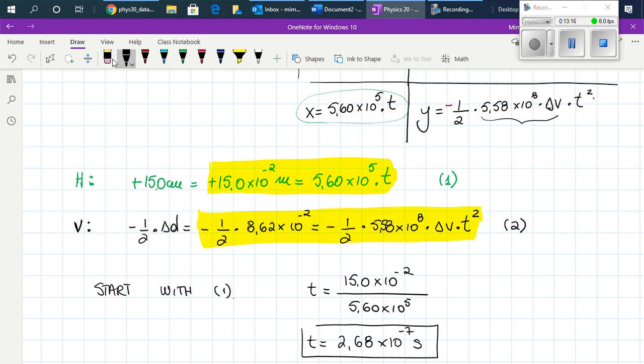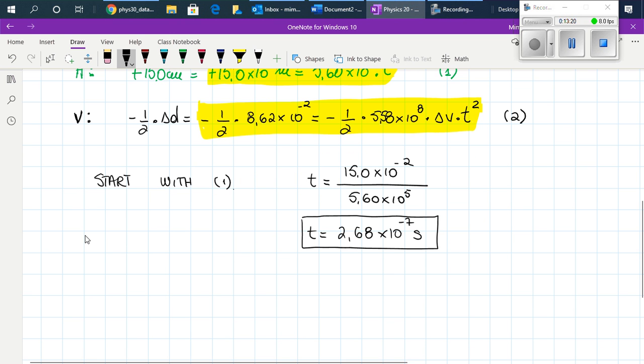Now that we know what time is, we can use equation 2. Second, we use equation 2, which is dealing with the non-uniform motion.